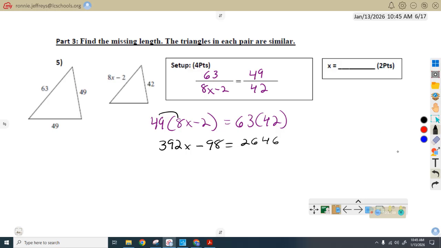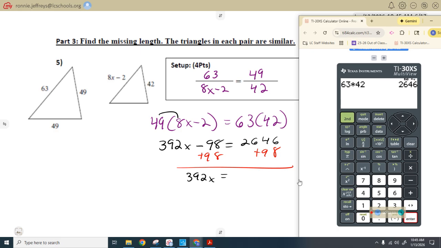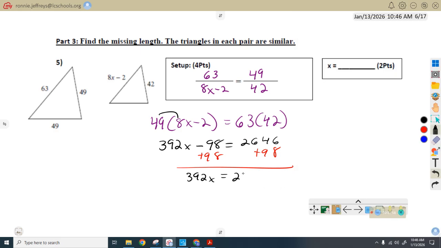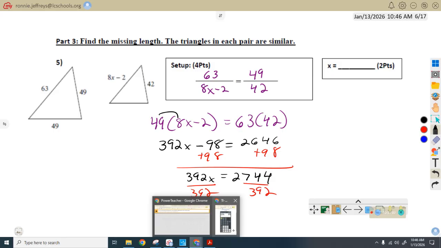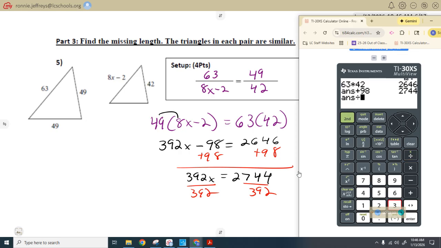All right, so now 392x. Yes, I know some of these numbers are large, and that might throw people off, but if you're using a calculator, I don't really understand the issue. Okay, x equals 7.